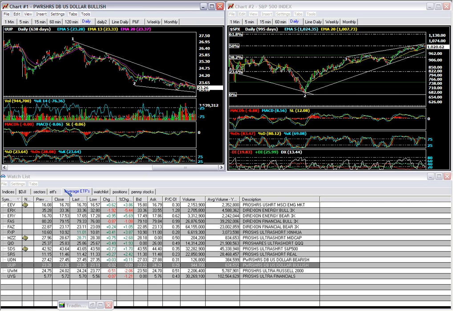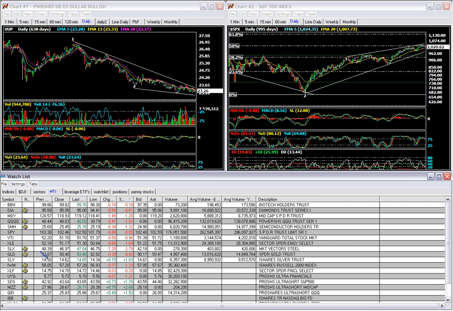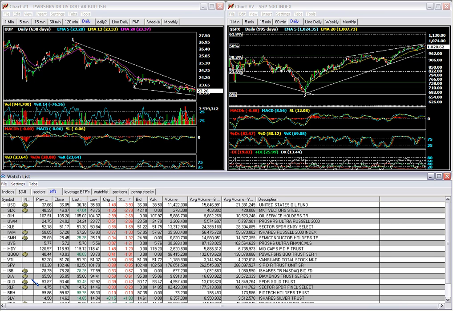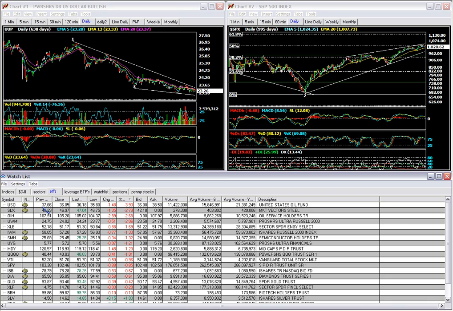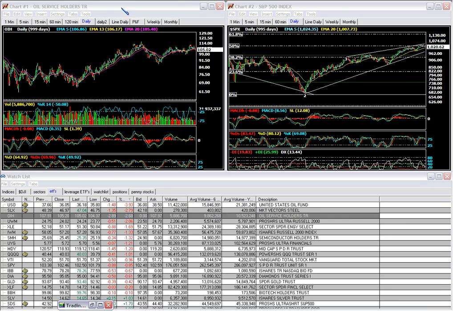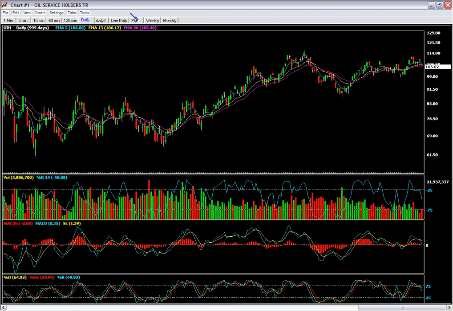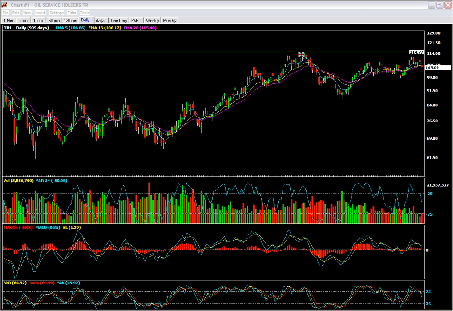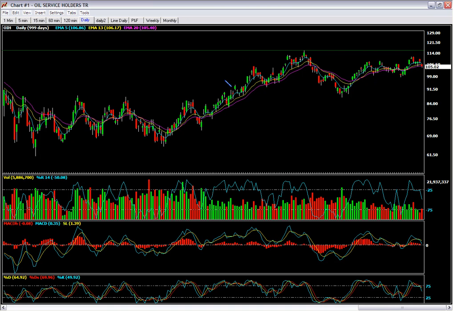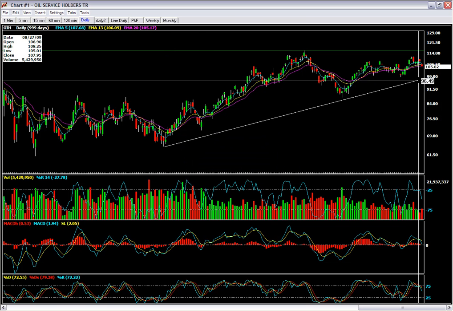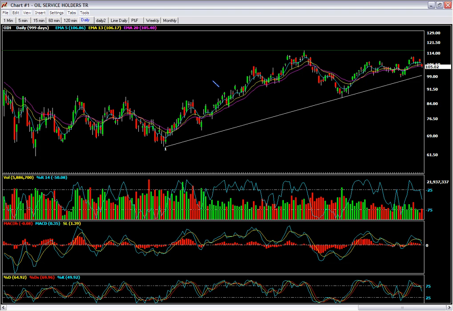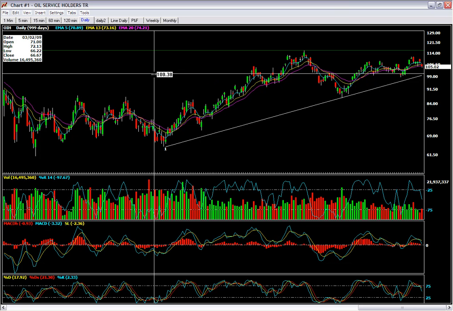If we move on to the oil real quick. On this one, we're going to use the OIH. See if we can find it real quick. Here it is. And on oil, even though we had this ascending triangle coming up from the bottom, I don't think it's really going to happen.